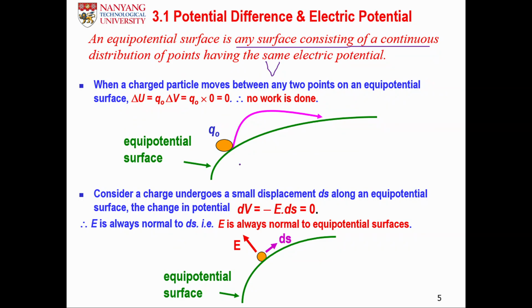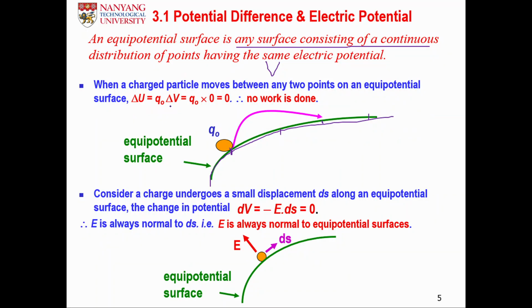Let's say this arbitrary equipotential surface, meaning at this point, this point, this point, this point, V1, V2, V3, V4 are all the same.